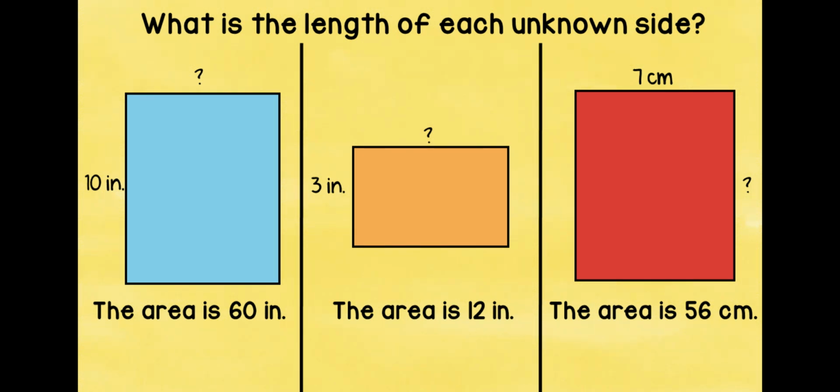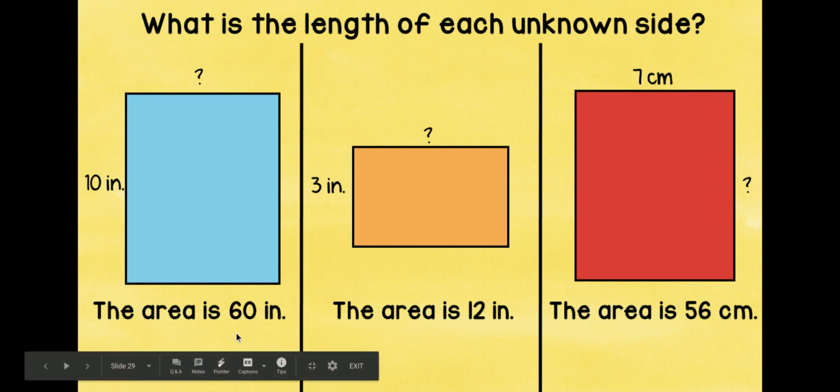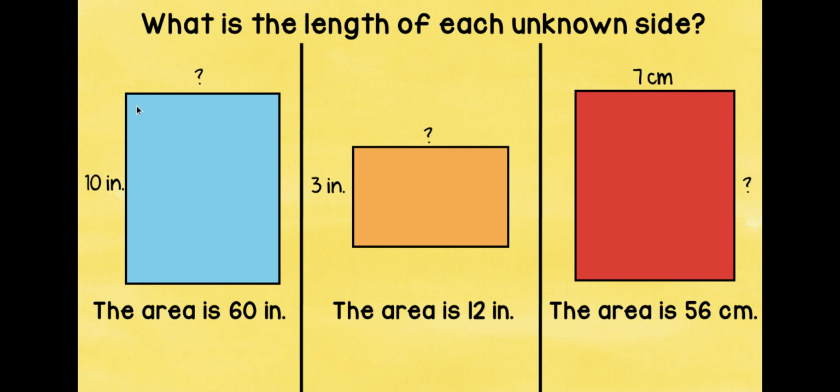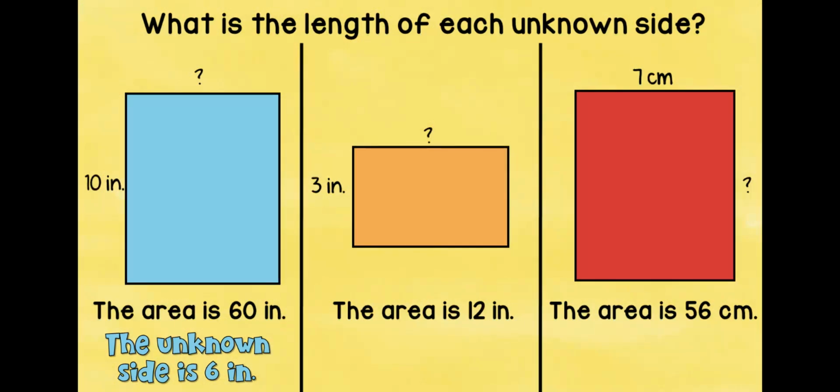All right, so working backwards, finding those missing numbers. We needed to figure out for the blue, 10 times what equals 60. If I count by 10 to get to 60, I need it 6 times. 10 times 6 equals 60. So our unknown side was 6 inches.